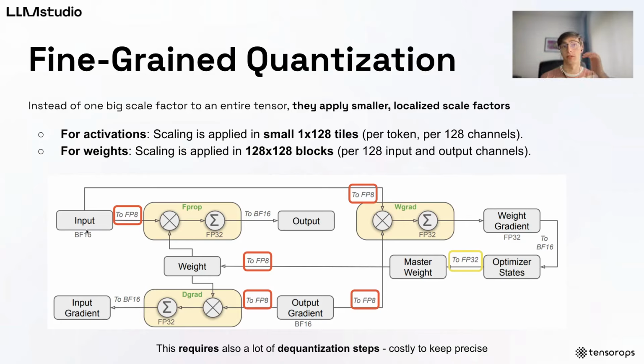We can see here, for example, the input starts at BF16, goes to FP8, then it has to go back to BF16. Here it goes to FP8. The weight gradient, because it's a gradient, is in 32, right? Then it goes 16, then it goes 32. So again and again, you're seeing these numbers change.